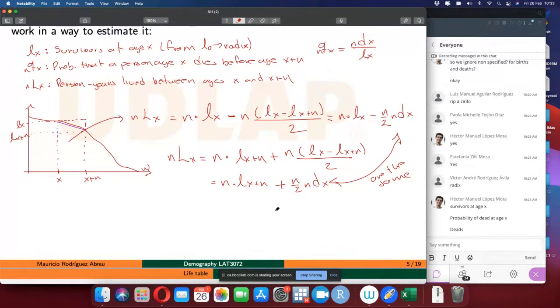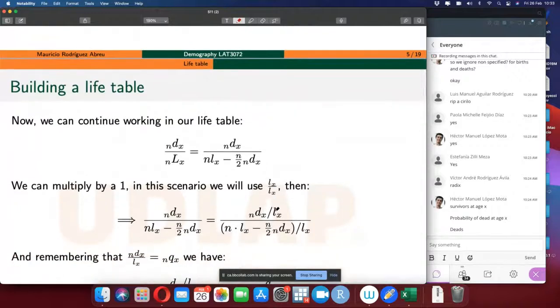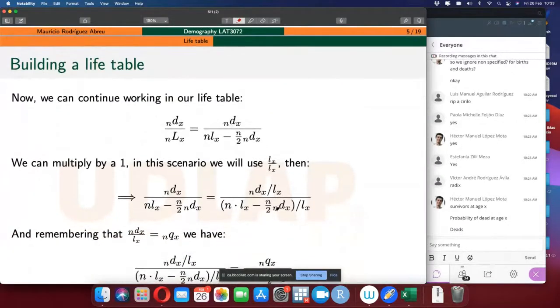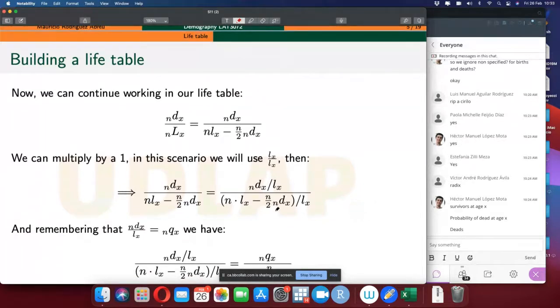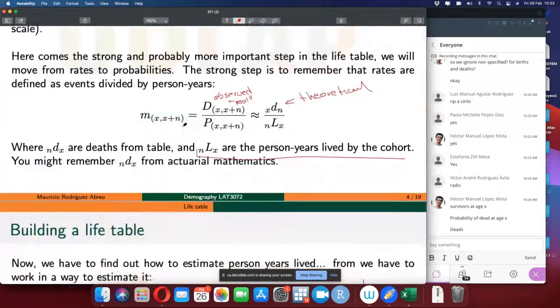And what do I need that for? Just remember, I was using this approach to estimate my age-specific death rates. What I have here is that the age-specific death rates were similar to this. By the way, there was a mistake here.